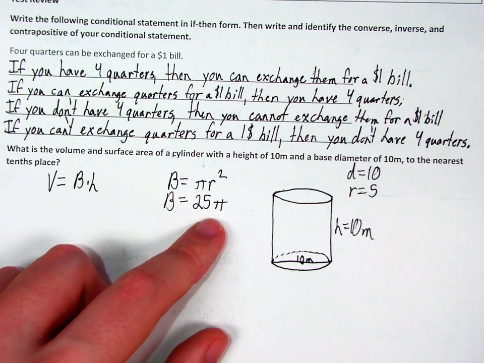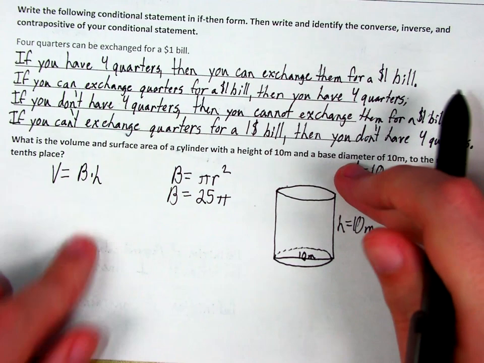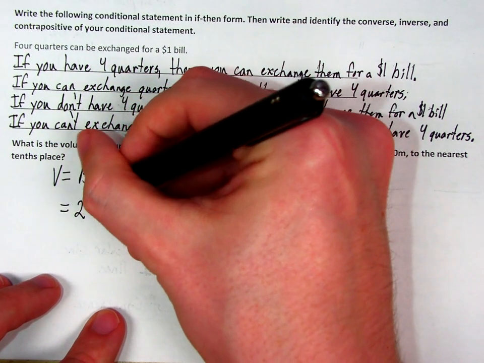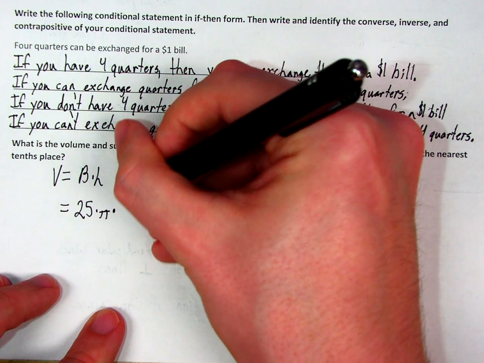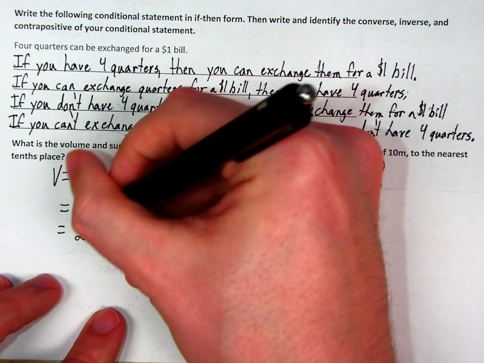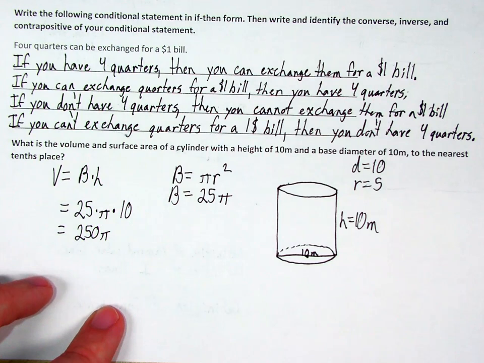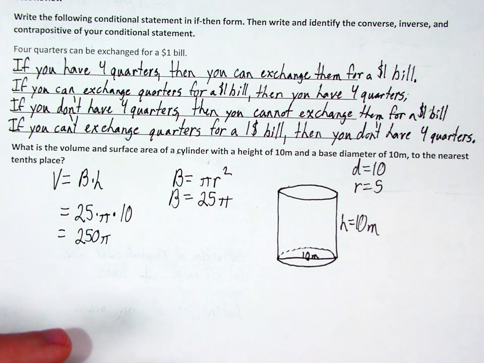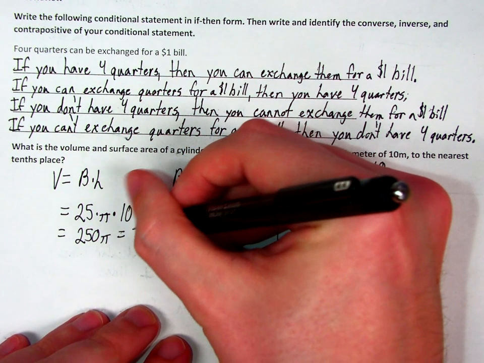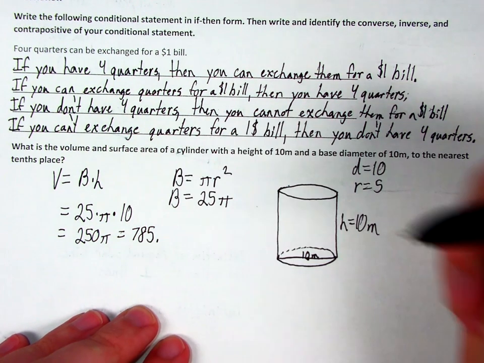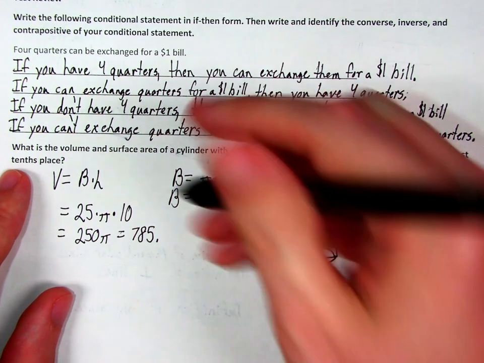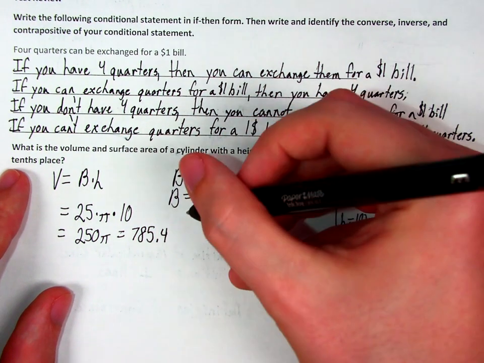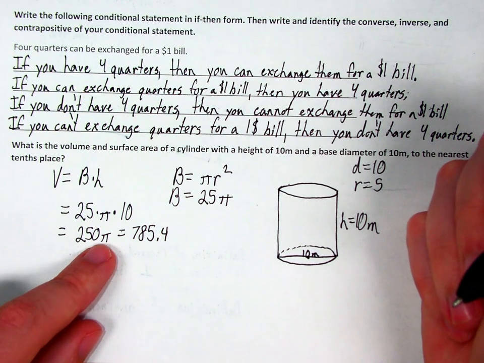That area of the base would then be multiplied by the height of the cylinder. So 25 times pi times 10. We get 250 pi, which on a calculator, let's see, is 785 point, we're into the nearest tenths place, 4, when using pi itself.